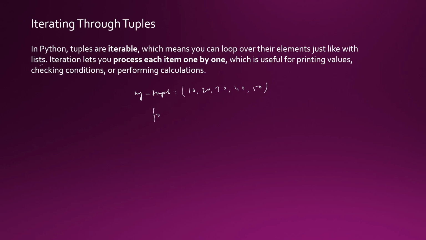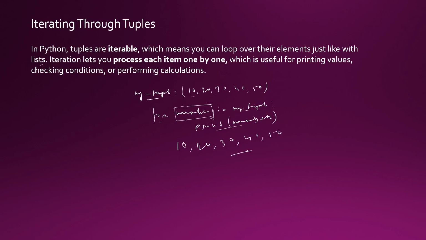So if I add for number in my tuple, okay, then I try to print my number, then what happens? Now once I run the for loop in this tuple, all the values get stored in this number, okay, in this number. Now once I print the number, it will automatically fetch all the values and give all the item values one by one like this, okay, at once.